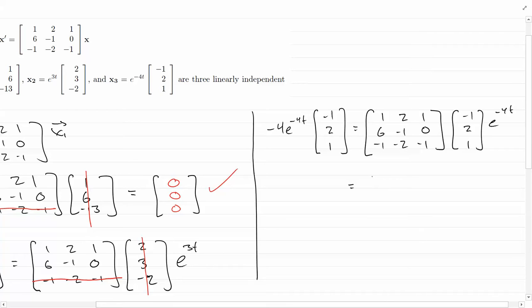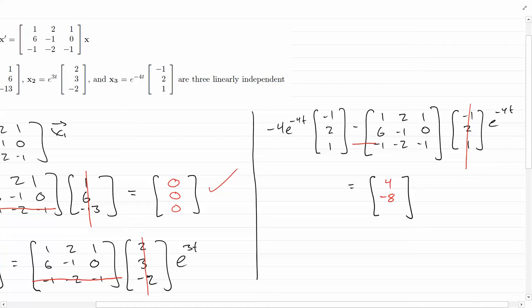Again, it's an exercise in matrix multiplication. If I do the first row times the column, I'd have -1 plus 4 plus 1, that's 4. Then the second row, I'd have -6 minus 2 plus 0, that'd be -8.